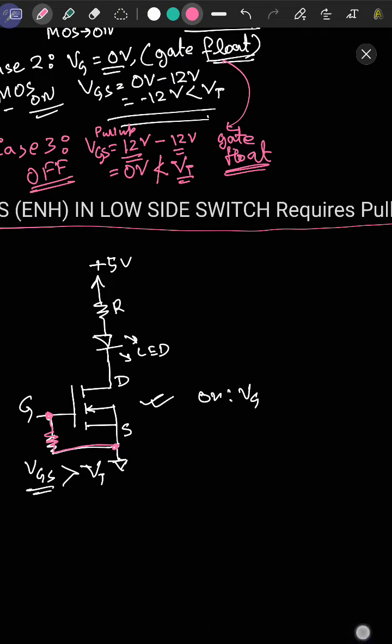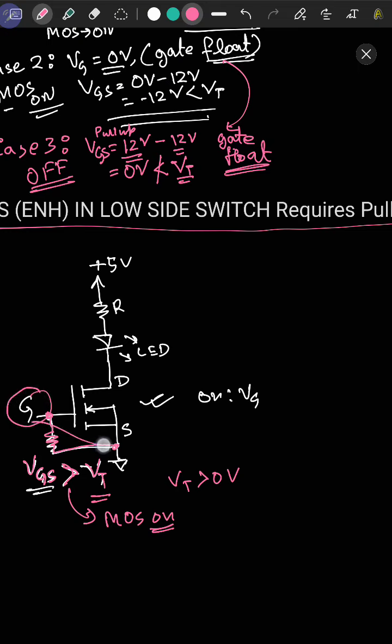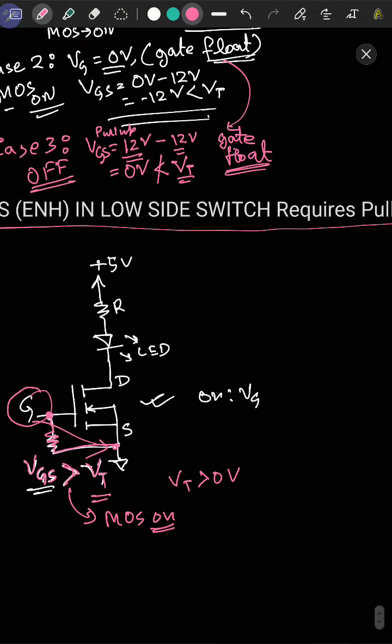In case of NMOS, we need to maintain VGS greater than VT, a certain positive value, mostly VT values are greater than 0 volt, to turn the MOS on. So we need a pull-down resistor to pull the gate down to the source so that we don't accidentally turn on the MOS again in case it is floating. Okay.